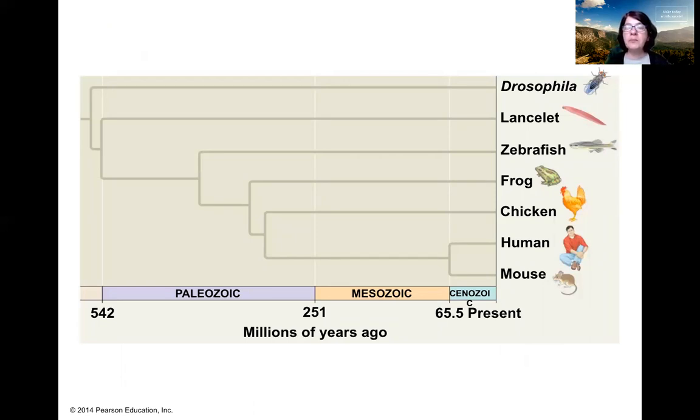The last common ancestor humans and mouse had was 65.5 million years ago. Okay, the last common ancestor humans and chickens had was right here, somewhere like 240 something million years.